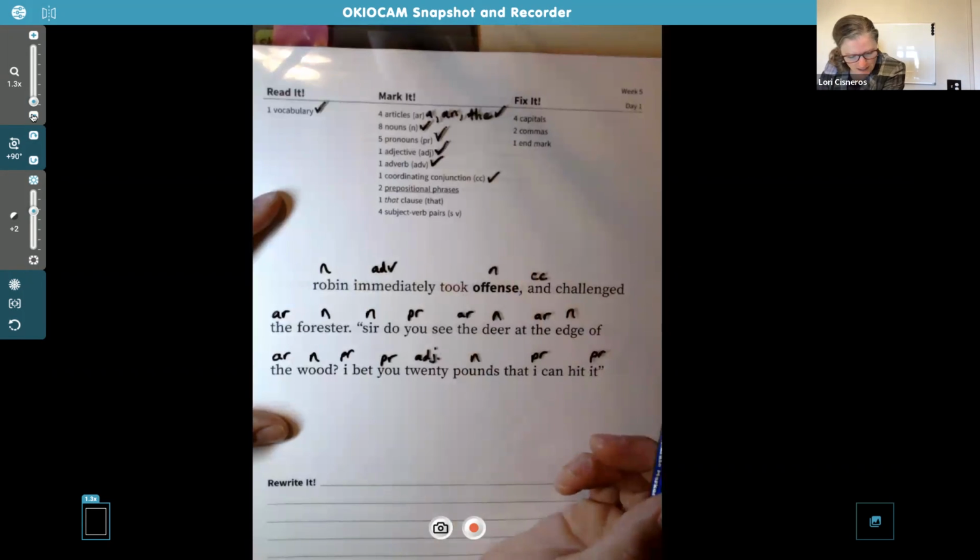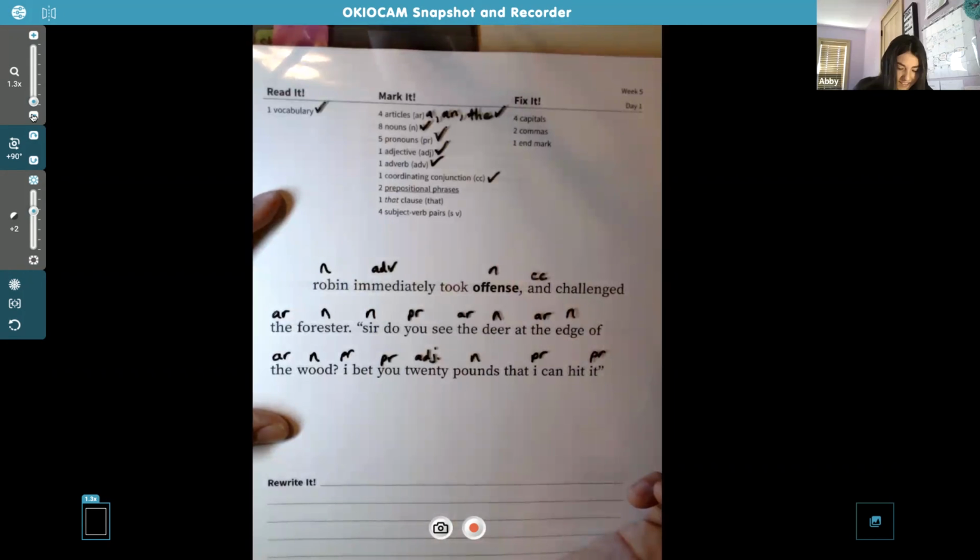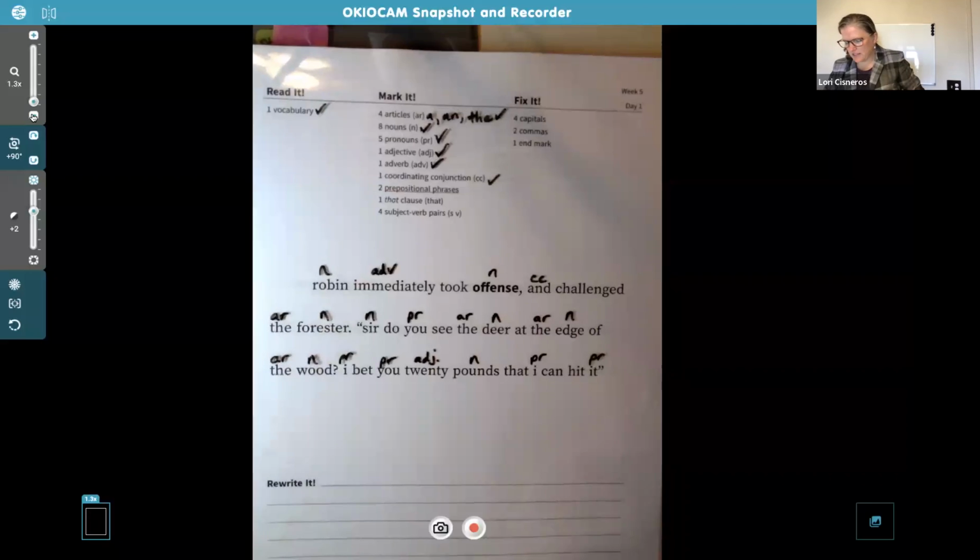Prepositional phrases, and this one we're going to underline, and it begins with a preposition. And you remember we have that list in the back of the book to help you remember what prepositions are. I'm going to skip over to Abby. There's 2 of them in here. Can you identify one or both? If you forget, you can flip to that back page. I think it's like 198. 198, yeah.